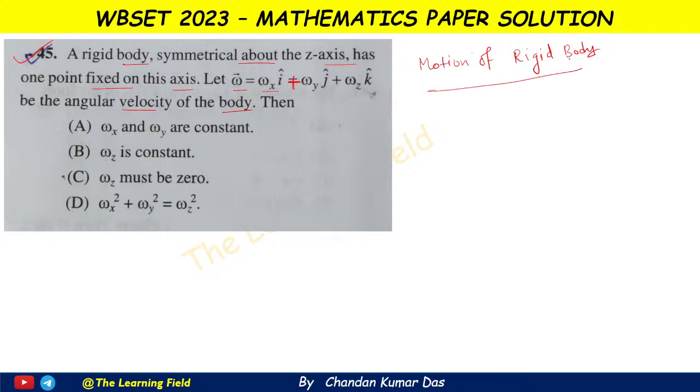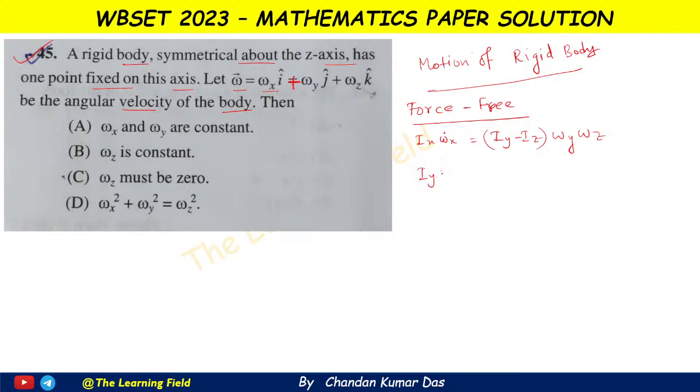So first we see what is the motion of rigid body. Given the question, there is no external force. So we first write the force free motion, the equations of motion for the force free case, where there is no extra torque. We write the Euler's equations of motion. Ix omega x dot is equal to Iy minus Iz into omega y omega z.